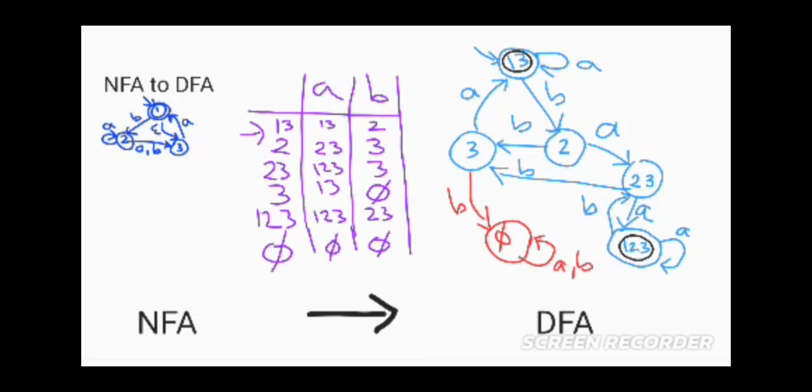As you may see here, the only accepting state in the NFA is 1, so all the states in the DFA containing 1 will be accepting. So 1, 3 and 1, 2, 3 here will be the two accepting states of the DFA. So here you are with the DFA, and we showed the steps to obtain it from a given non-deterministic finite automaton. Thanks a lot.